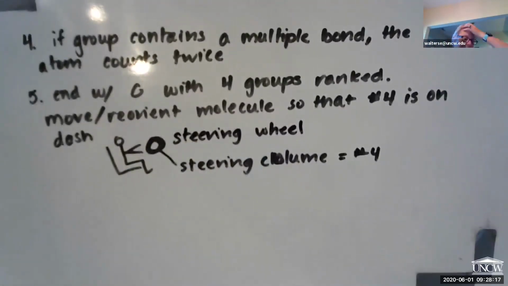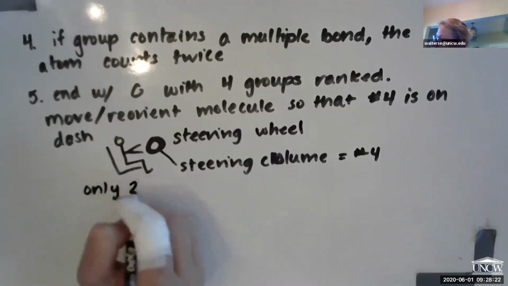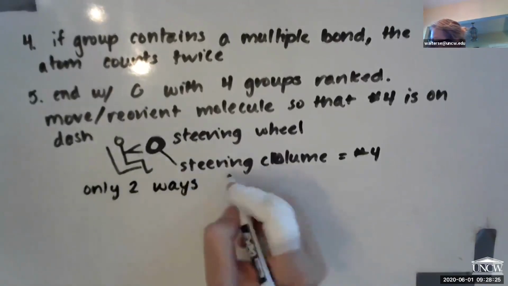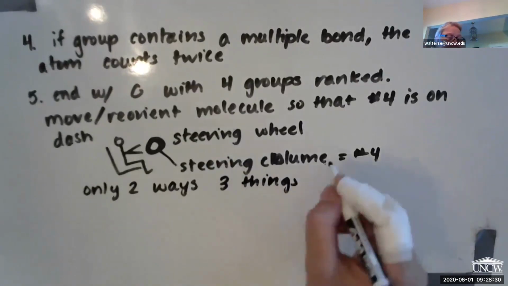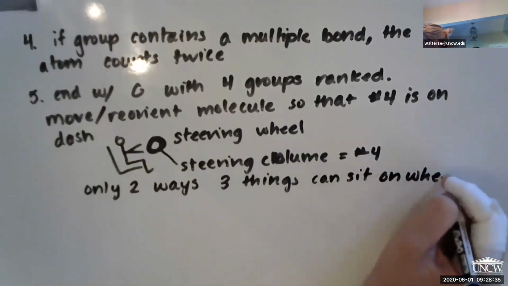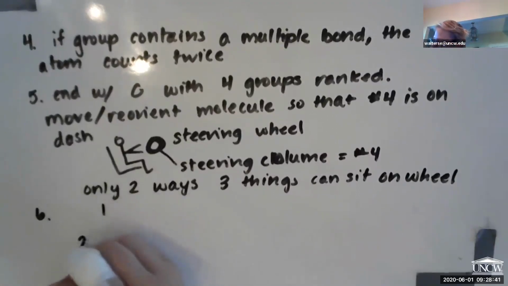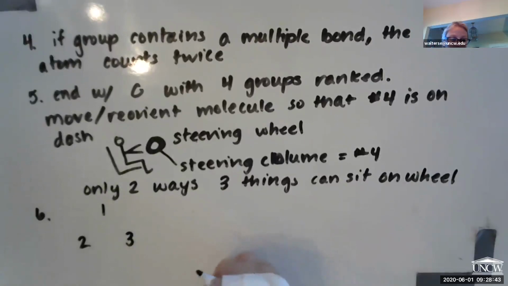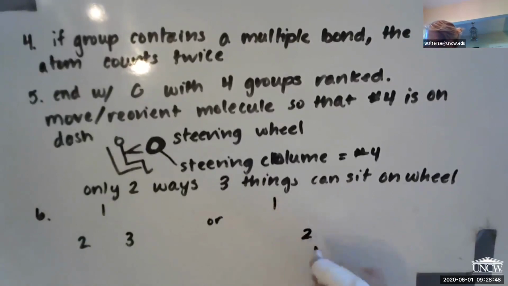So you're looking at your steering wheel, and there are only 2 ways the 3 priority groups can sit on the wheel. They're either going to be 1, 2, 3, and then 4 would be at the back, or 1, 2, 3 the other way. It's either or.